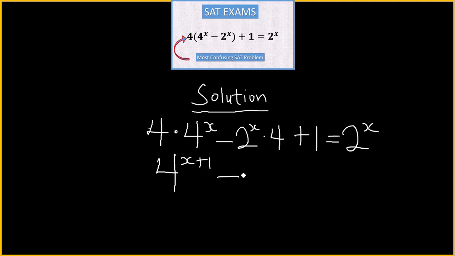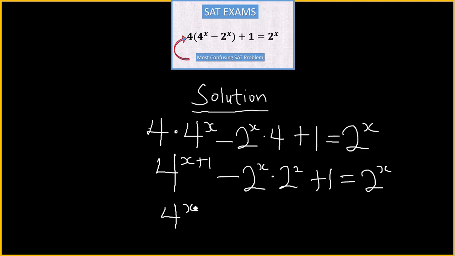Minus 2 raised to the power x by 4, which can be written in index form as 2 raised to the power 2, plus 1 equals 2 raised to the power x.